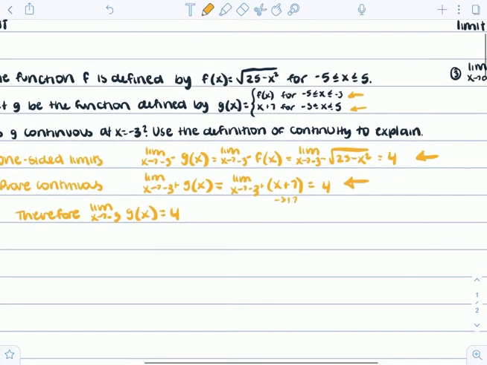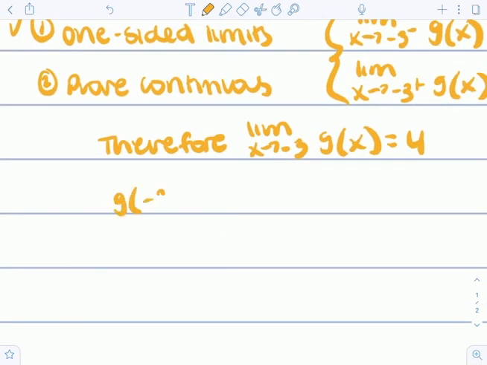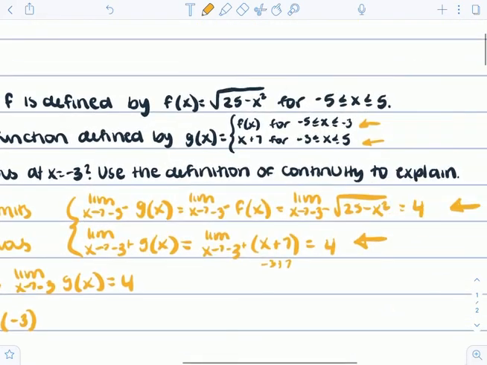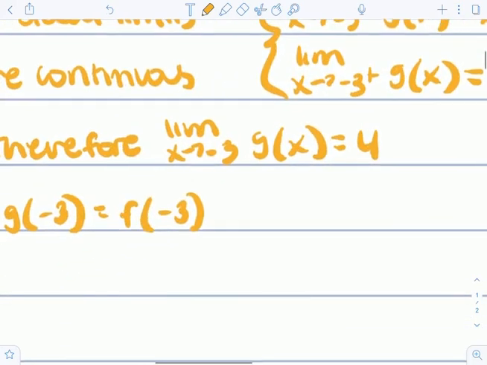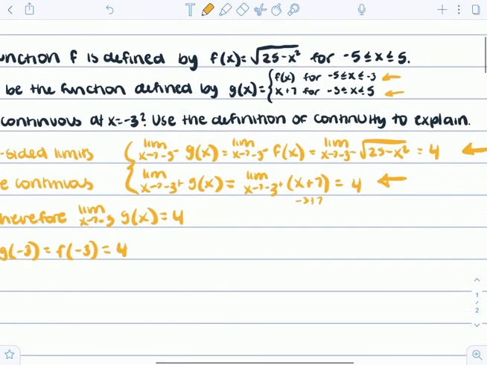Now we want to see if g of negative 3 is actually defined. g of negative 3 would have to be equal to f of negative 3 as per the piecewise, and that would equal 4 because we literally did the work right there.